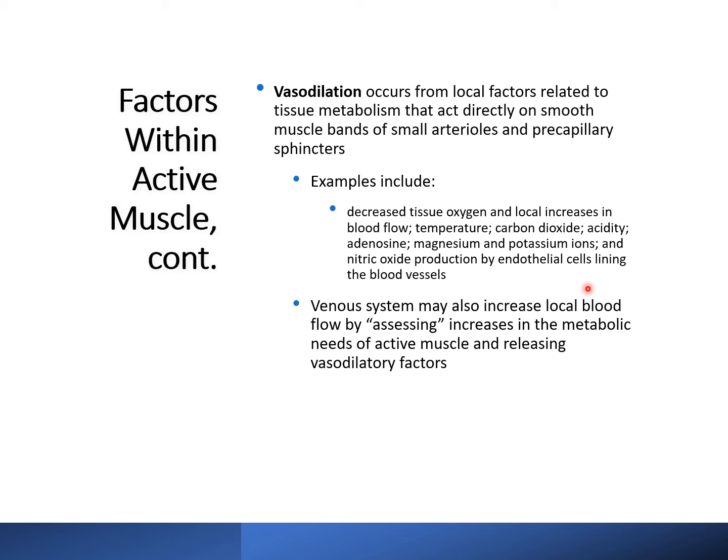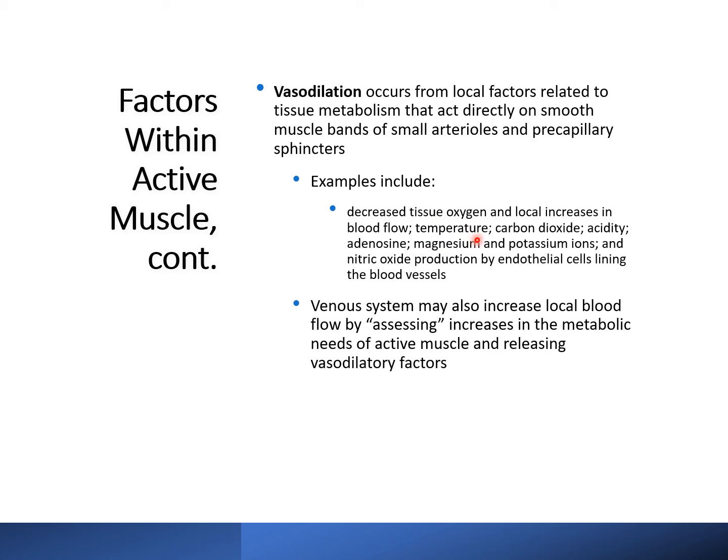I don't expect you guys to know every single one of these reasons, but I want you to be familiar with the fact that there's lots of influences to vasodilation, right? You could have decreased tissue oxygen and local increases in blood flow, right? So when you get that extra blood flow coming to the system, well, those sphincters need to open so that you can get more blood flow through the system.